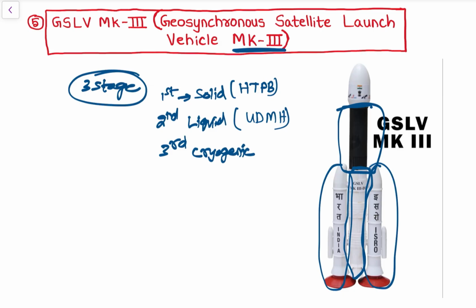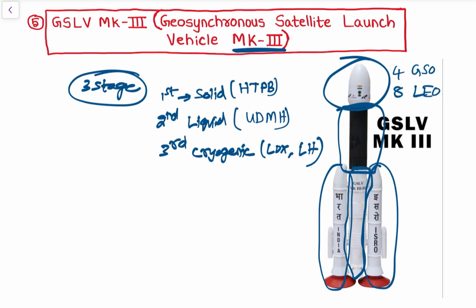In the cryogenic stage we'll be using liquid oxygen and liquid hydrogen. The payload capacity is 4 ton to geosynchronous orbit and up to 8 ton to low Earth orbit. So we are basically increasing the capacity.